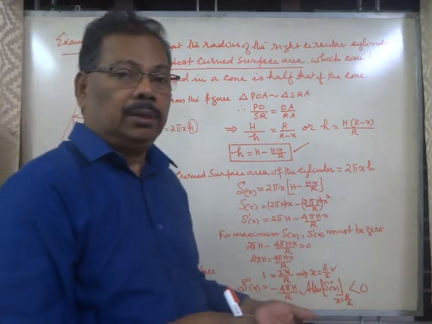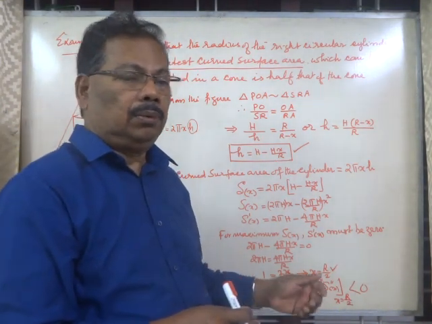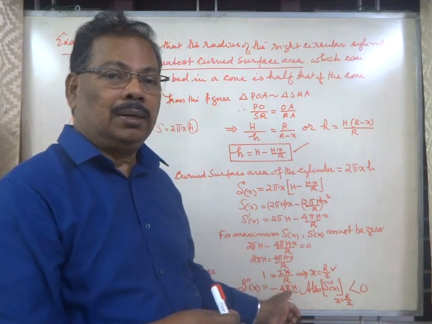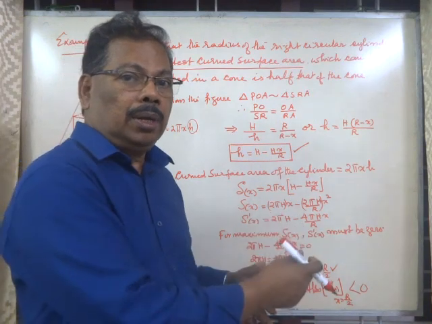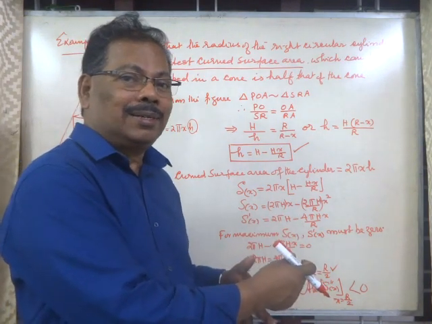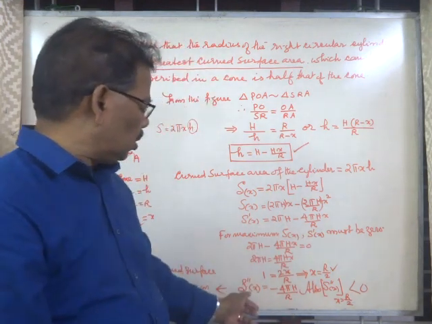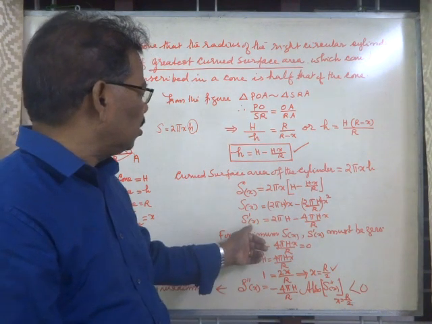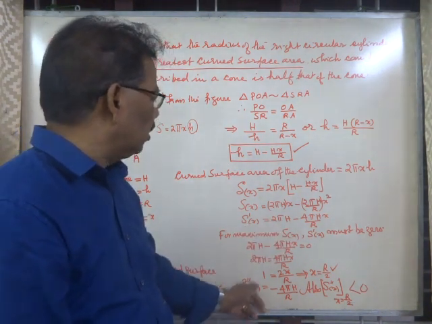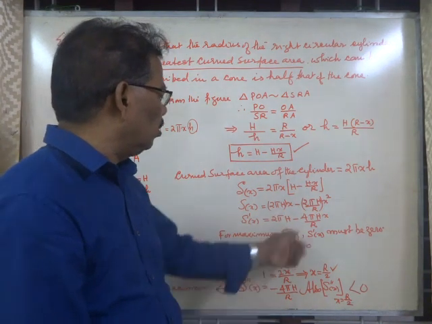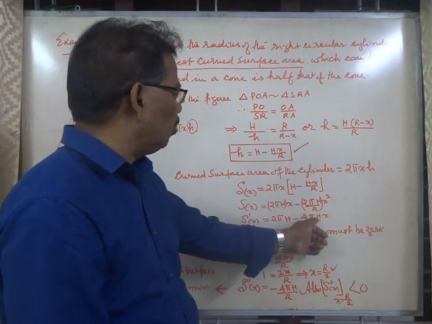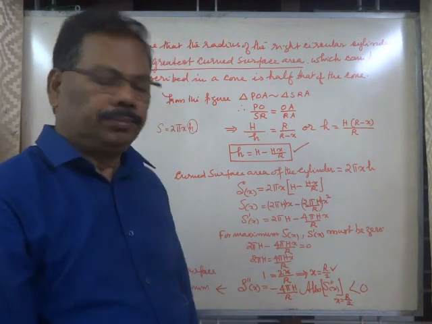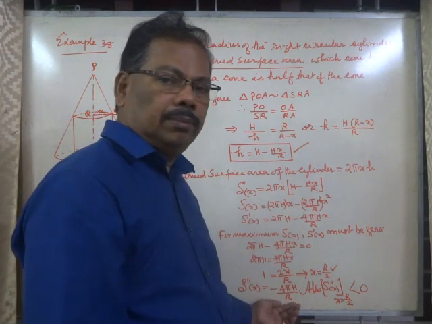For that, we have to fix that value in the second derivative and ensure that the result is negative. We shall find the second derivative. S dash x is so much, therefore S double dash x, derivative of the first term is 0, but of the second is negative 4 pi H by R. In this there is no x term.